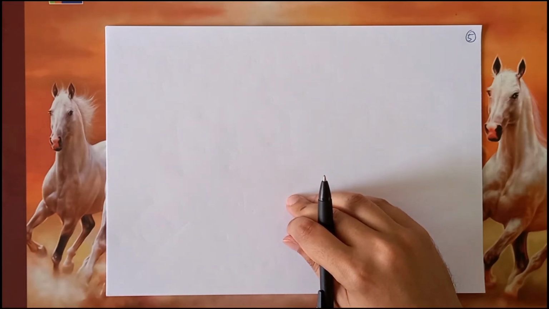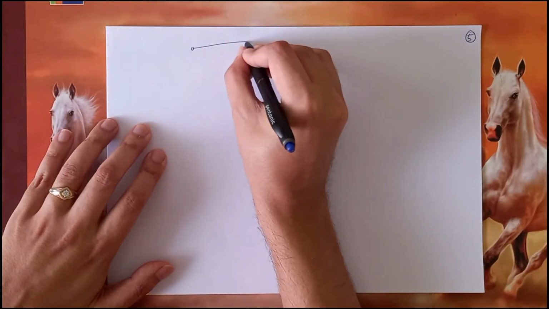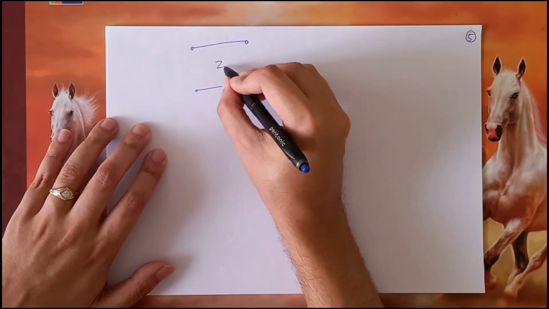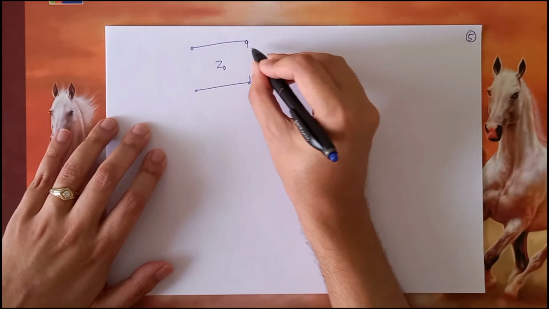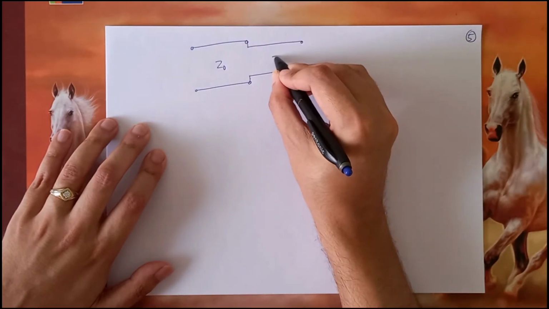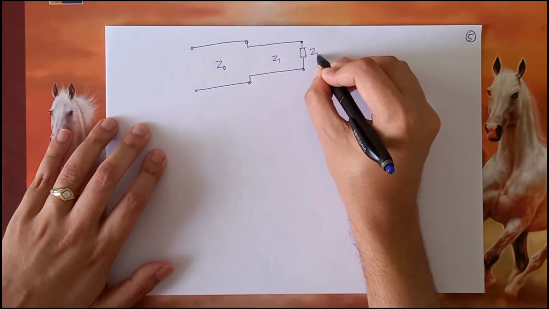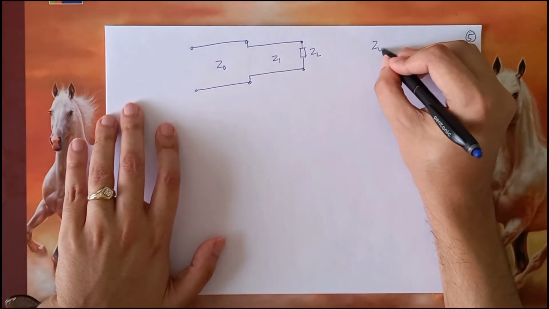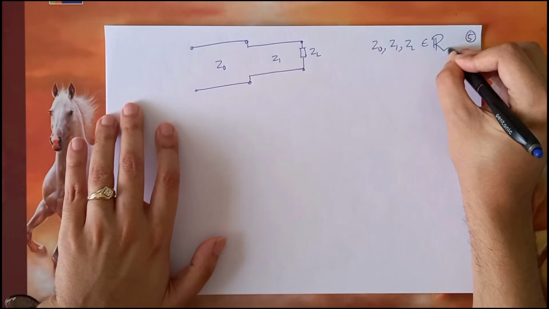Suppose we have this main transmission line of impedance Z0, and that is connected to this QWT of impedance Z1, which is terminated with the load ZL. So again, Z0, Z1, ZL are all real.